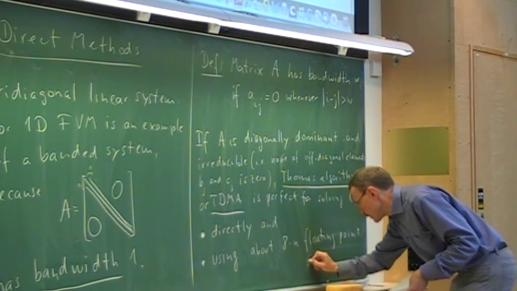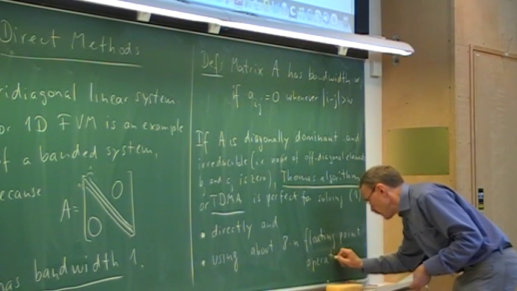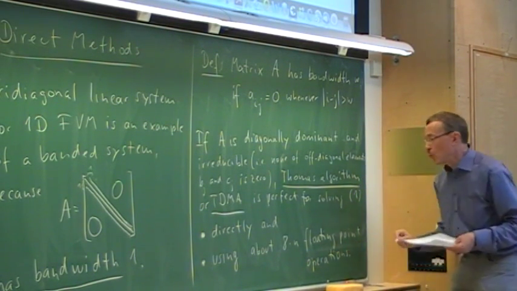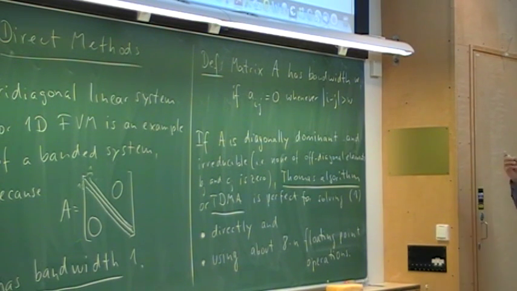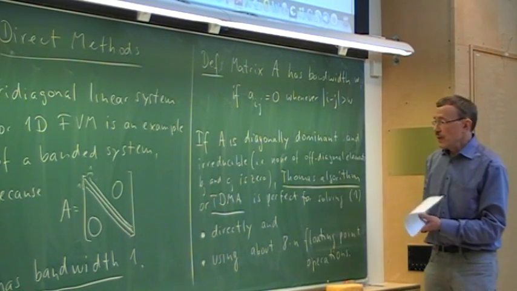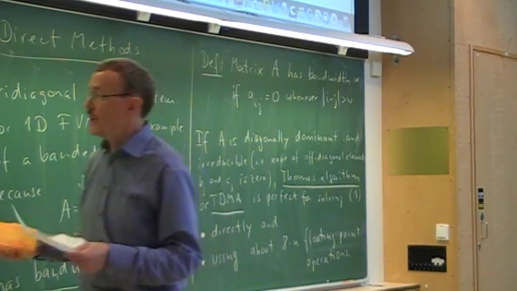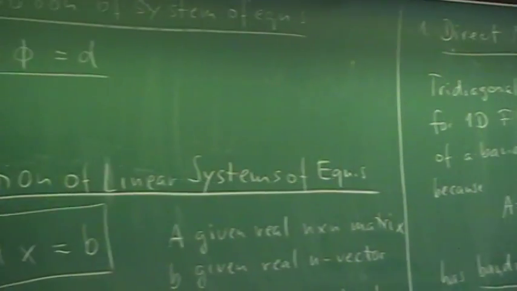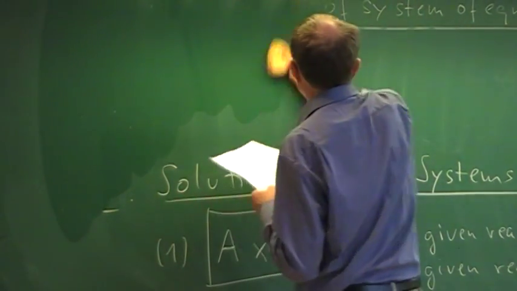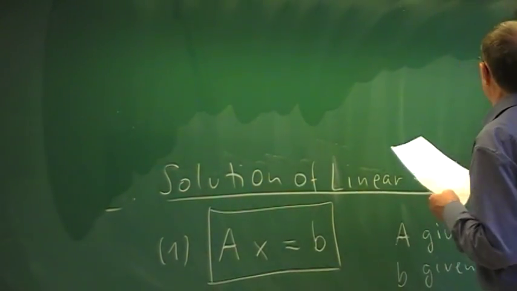That is important when you want to compare the computational work in the end. So that is something one should know, that the TDMA costs about 8 times the number of unknowns operations. So that is very nice, and now we would also like to do that in 2D. So the 1D problem is thereby solved.